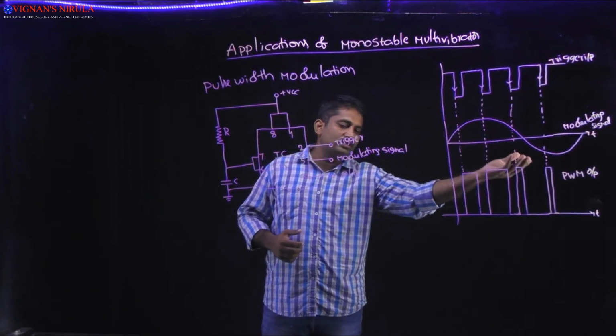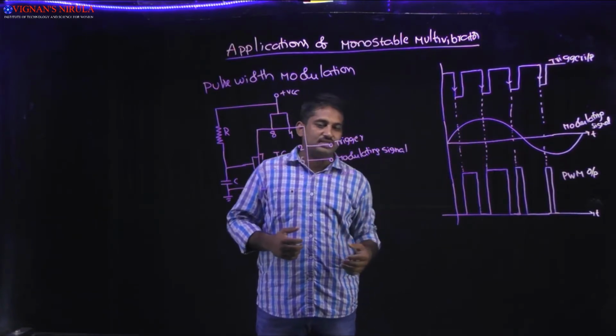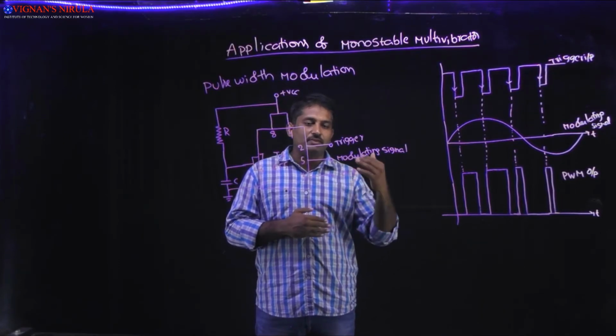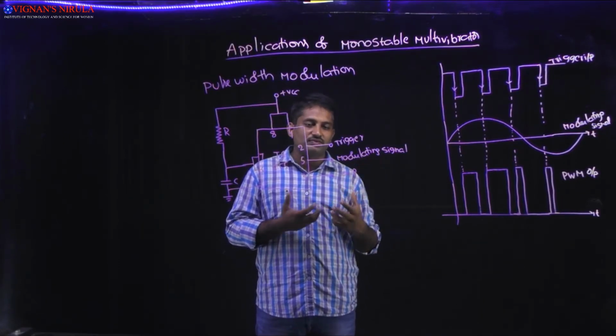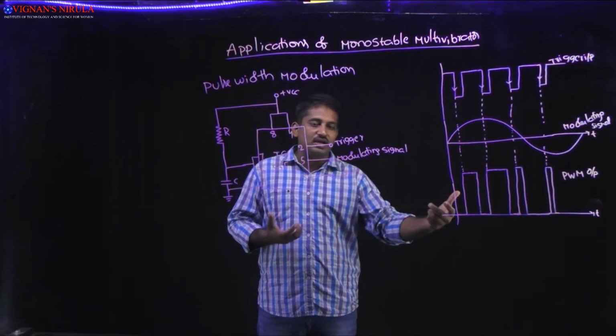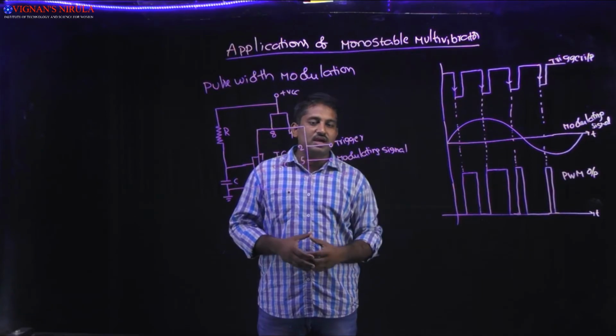Whenever the modulating signal decreases, obviously the control voltage will decrease and the time required to charge the capacitor will decrease. Because of this, we are getting different pulse widths at the output side.